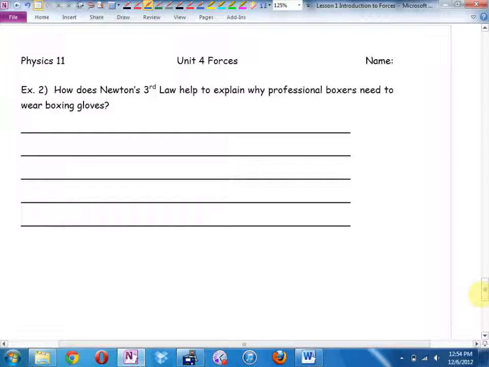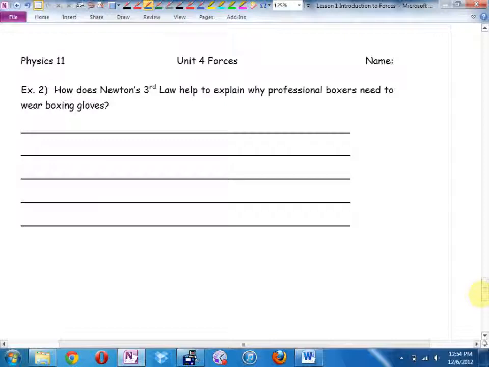He's going to apply a force back to my fist. Now his nose may break and I may do damage to him. Whatever damage I do to him, it's almost going to be back on my hand as well. What's the solution? What do boxers do? Boxing gloves. Which also, by the way, increases the mass, which is another way of increasing the force. In fact, believe it or not, you hit harder with boxing gloves than you do without them. It's kind of counterintuitive. Everyone says, oh, look, they're soft.